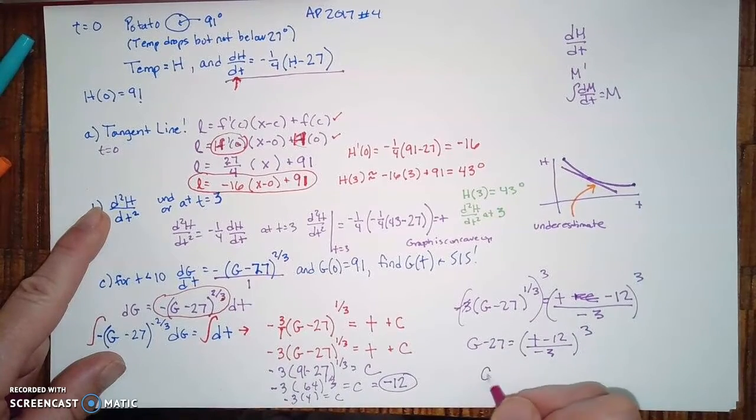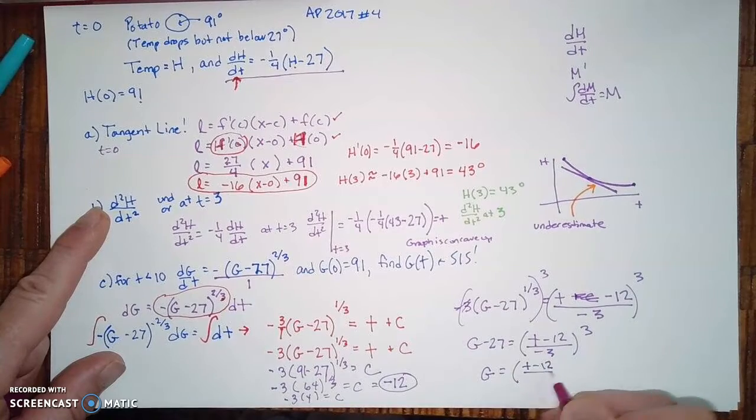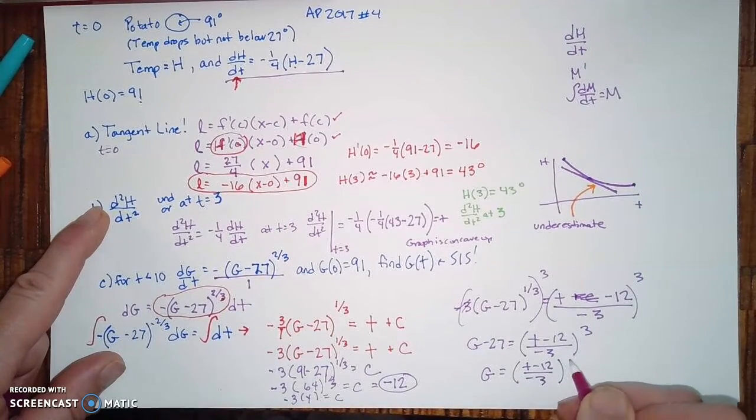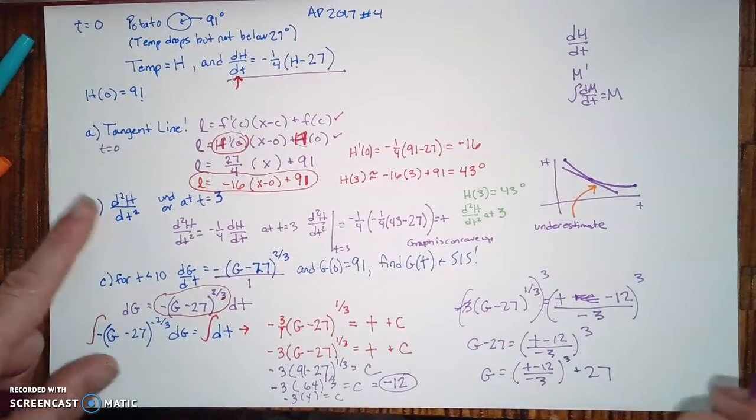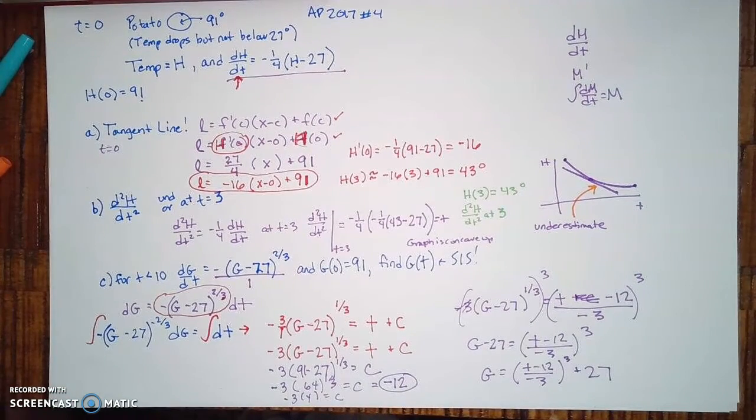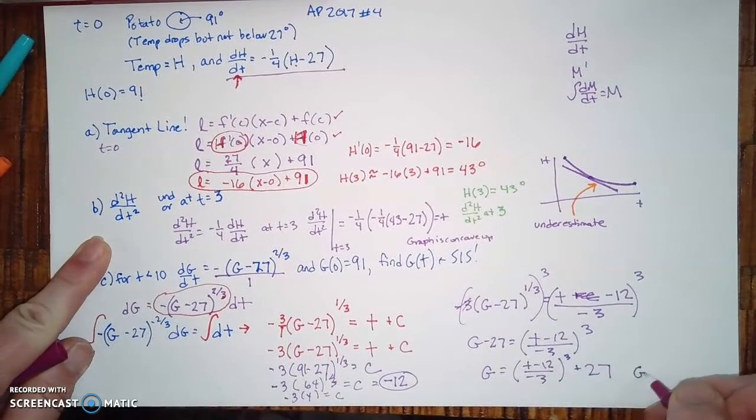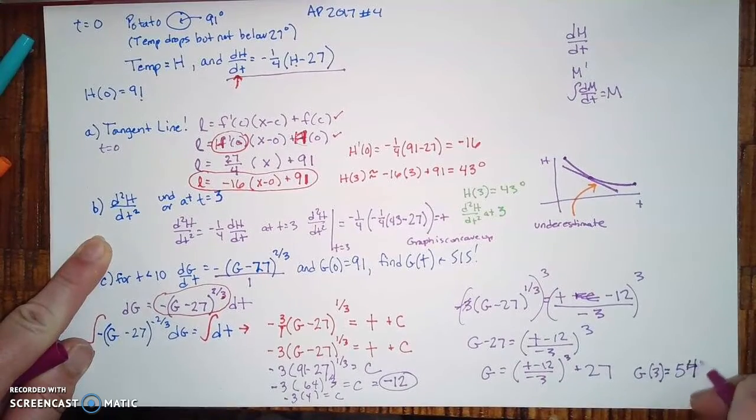And then I would add 27 to each side and get T minus 12 over negative 3 to the 3rd power plus 27. And then when they asked me to find G of, what is the temperature at time 3, I would take 3, put it into this equation, and G of 3 would end up being 54 degrees.